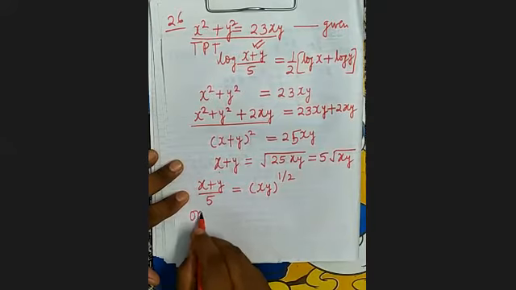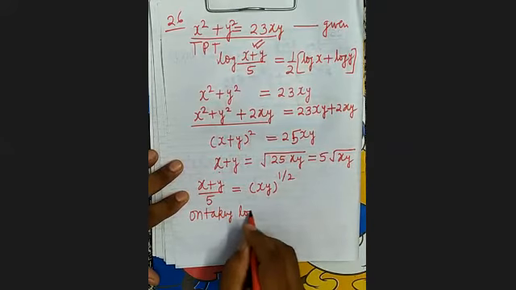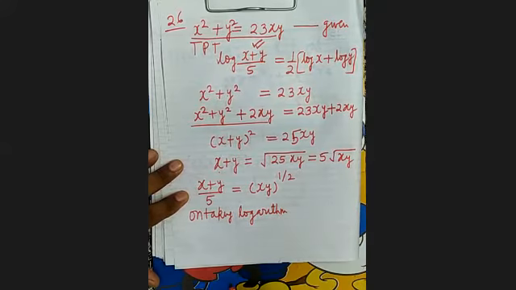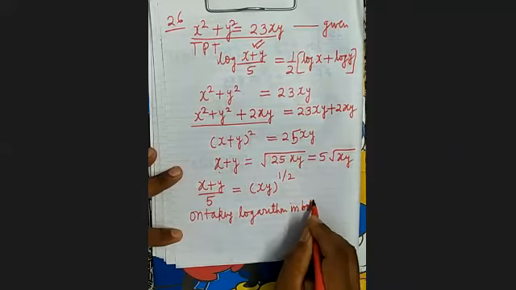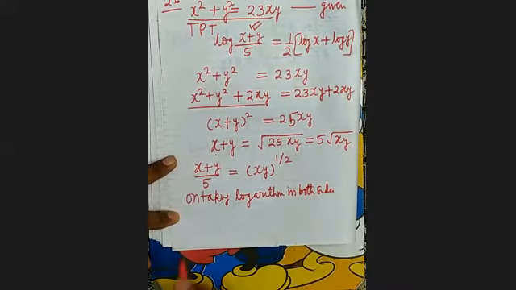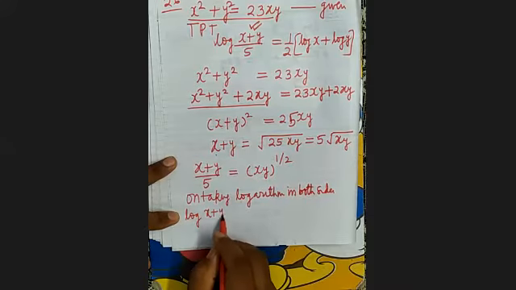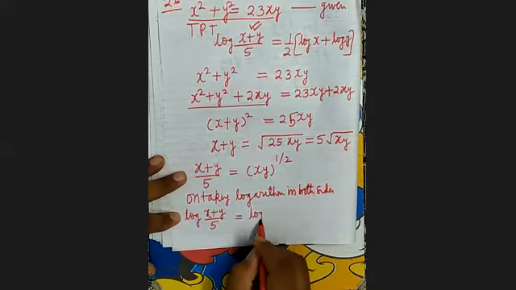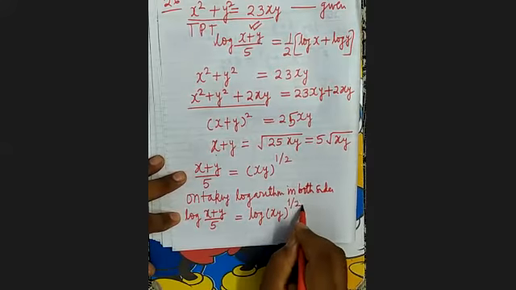Taking logarithm on both sides, it will be log of (x plus y) upon 5 equals log of xy to the power 1/2.